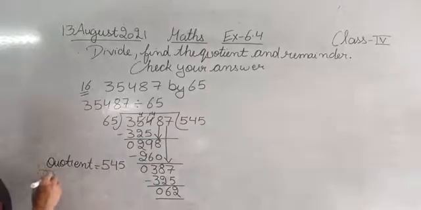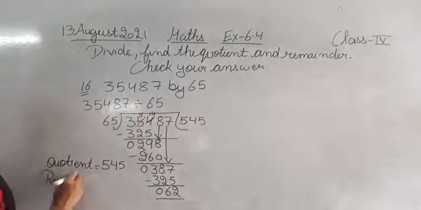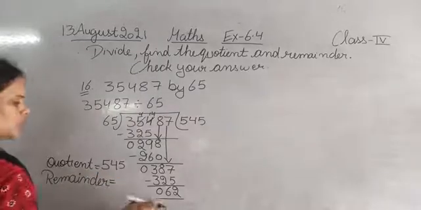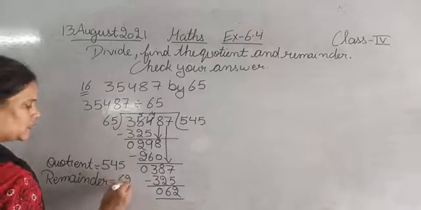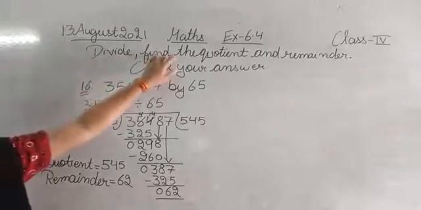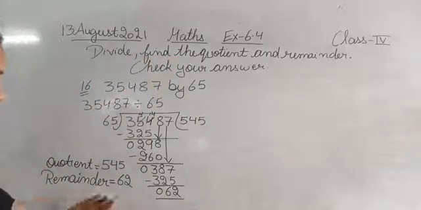Next is remainder. Remainder is equal to 62. Quotient is equal to 545, whereas the remainder is equal to 62.